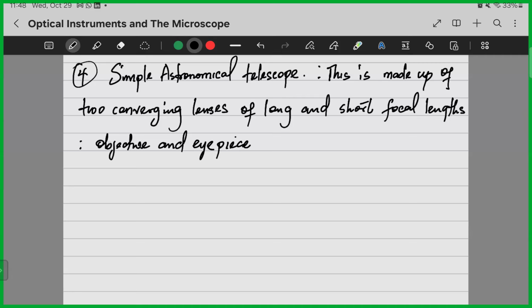The next thing we'll be looking at is similarities between the compound microscope and astronomical telescope.